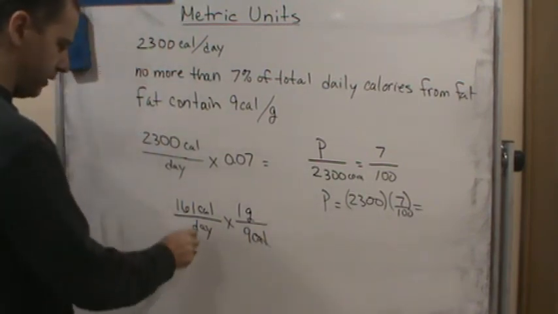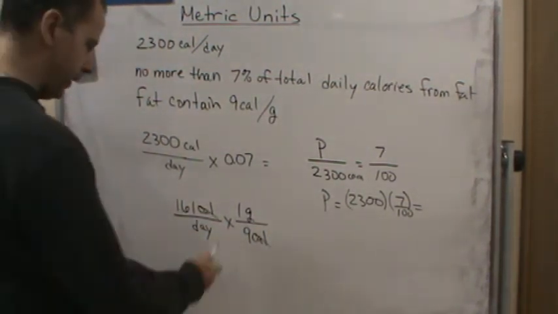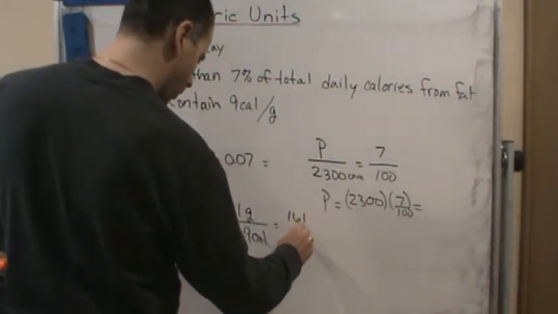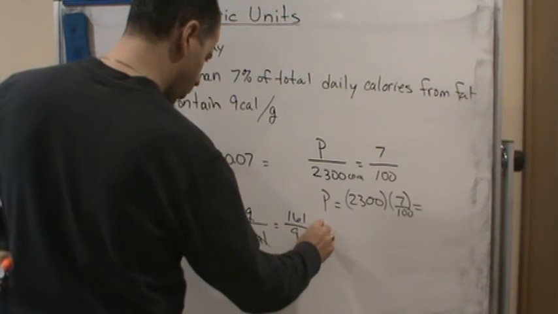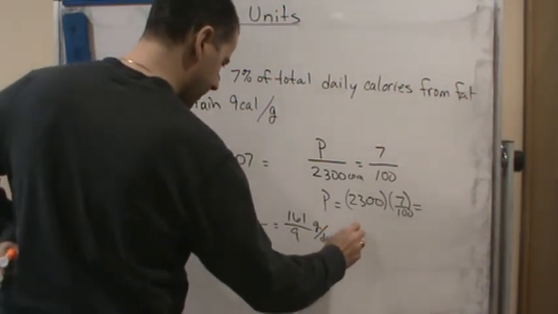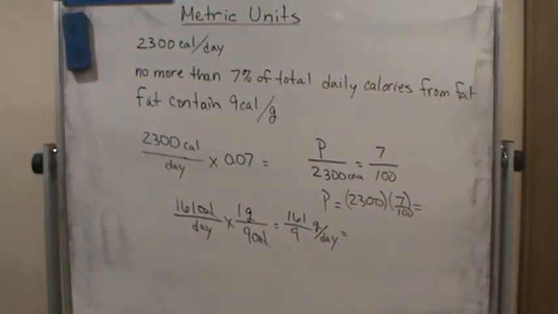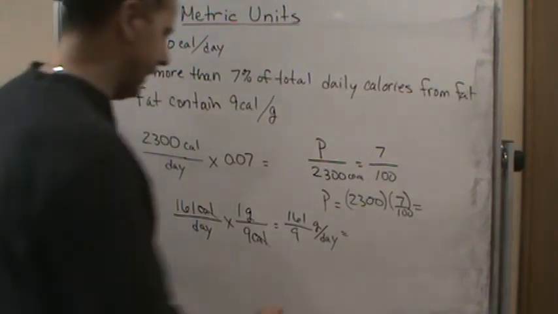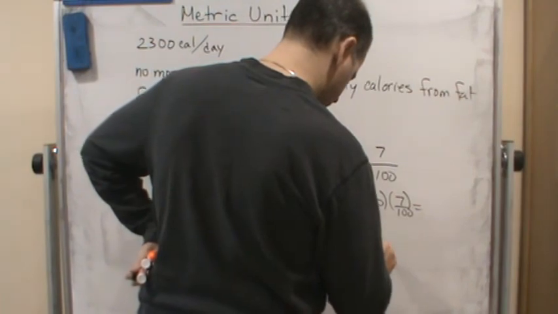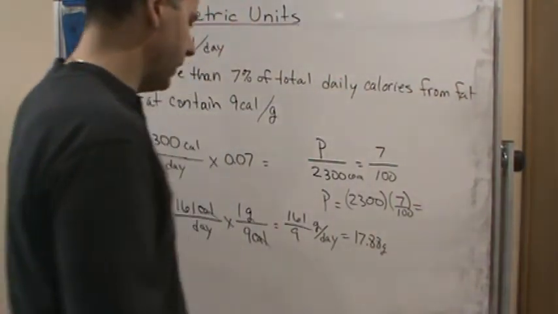The calories of saturated fat cancel and we end up with grams, so now it equals 161 divided by 9 grams per day. We get approximately 17.88 grams.